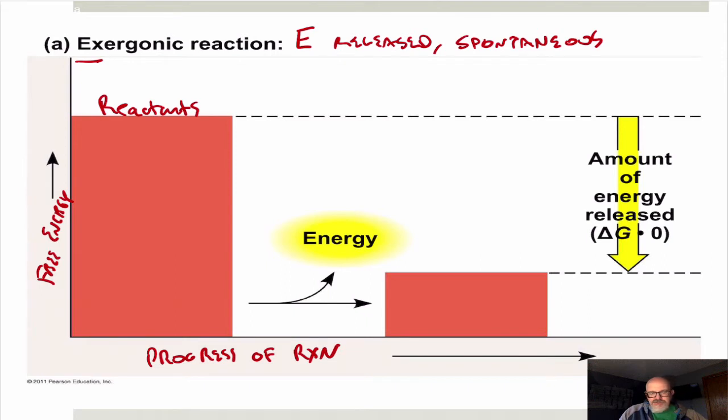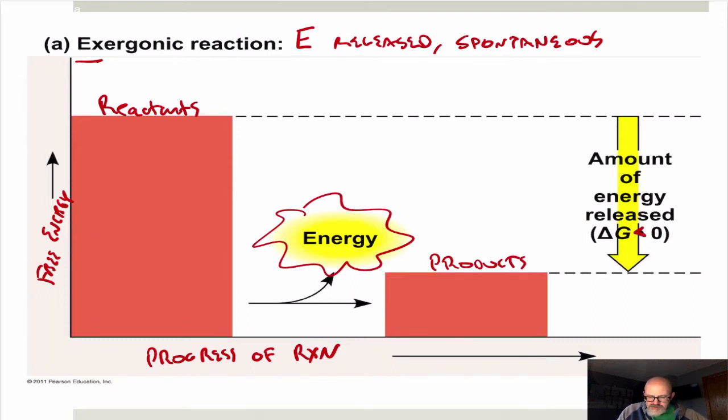As that reaction progresses, energy is going to be released into the environment right here. So there I got my energy. And then what I'm left with are some products, right? The amount of energy released is going to be less than zero. So that is an exergonic reaction.